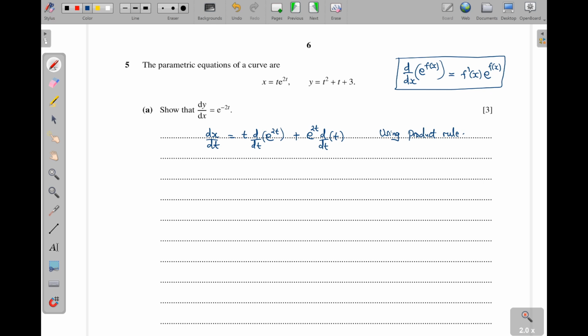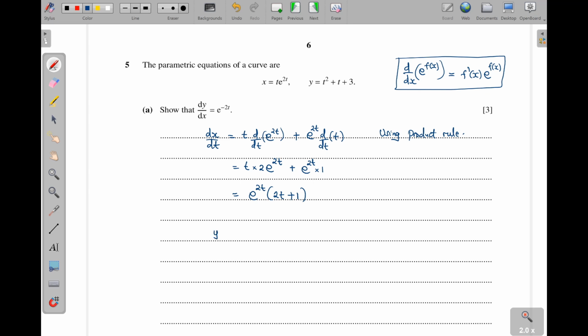This gives us t times, when you differentiate here, a 2, e to the power of 2t, plus e to the power of 2t times 1, of course. Now, what is common here? e to the power of 2t is common. So here we have 2t, and here we have a 1, so plus 1.